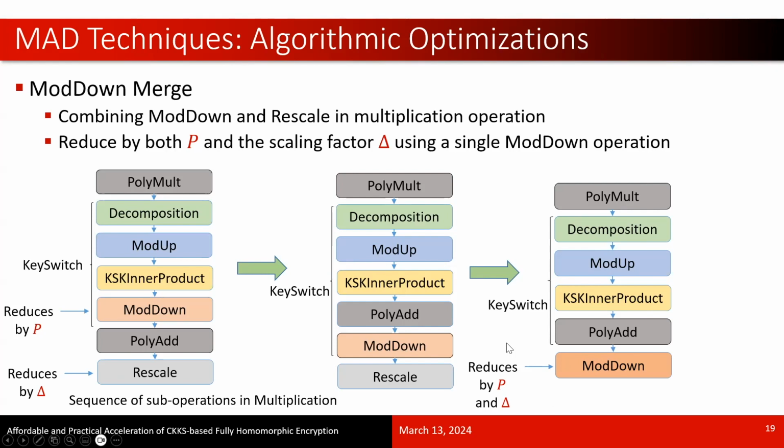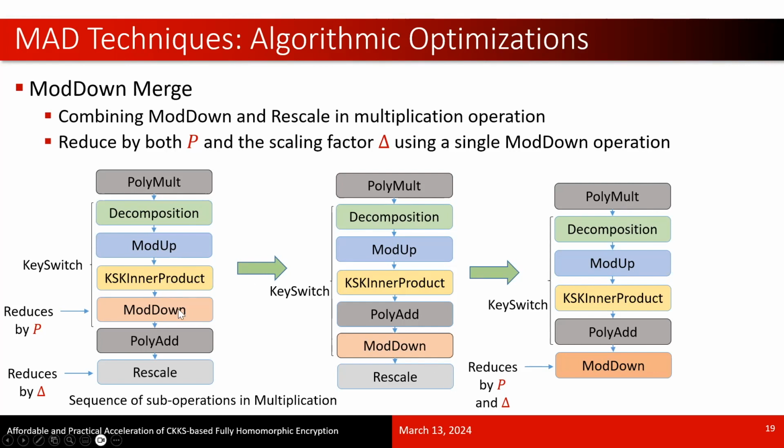What's the purpose of the polyadd operation during the multiplication? If you're familiar with the multiplication operation, you perform four polynomial multiplications, and then you have to do an addition to combine the two cross multiplication terms.